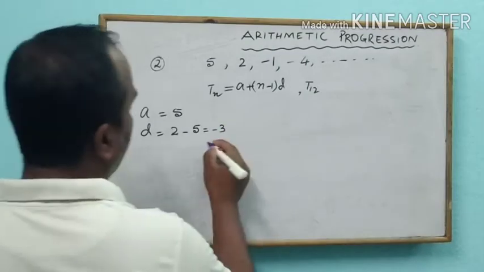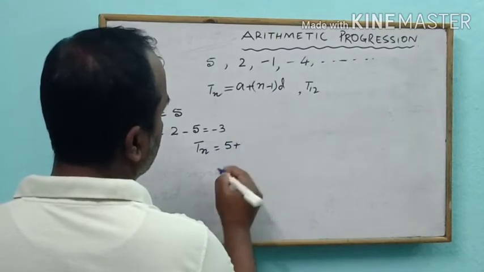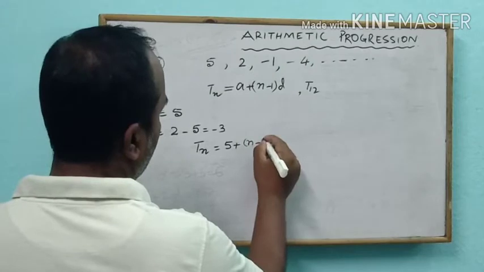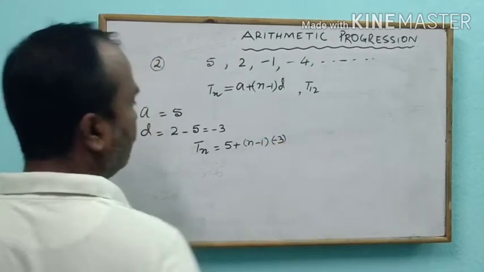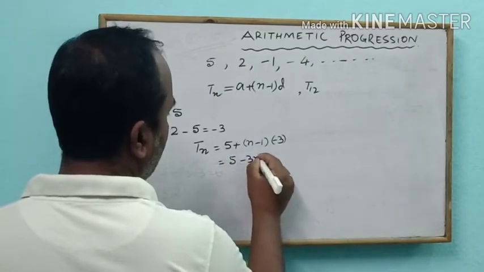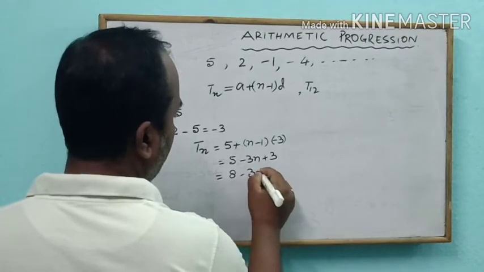So Tn will be accordingly 5 plus n minus 1 into minus 3, or 5 minus 3n plus 3, that is 8 minus 3n.